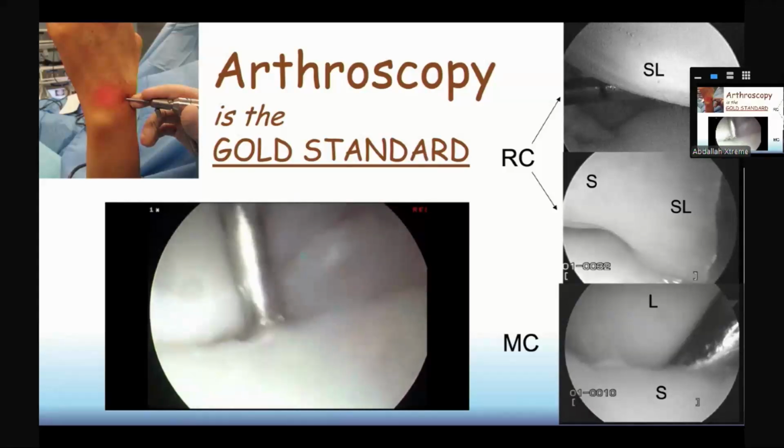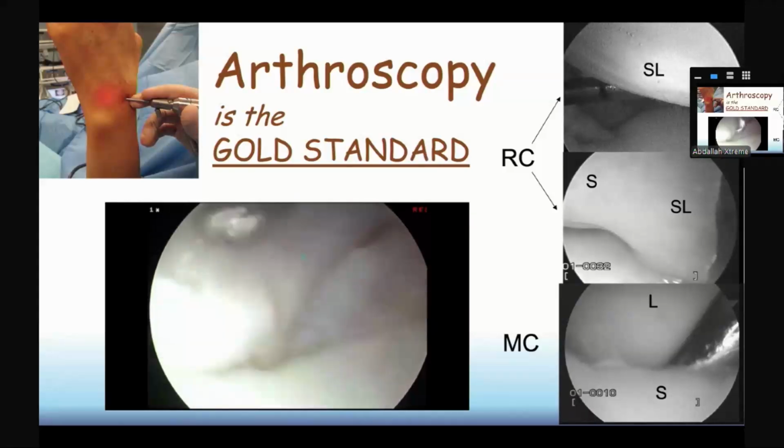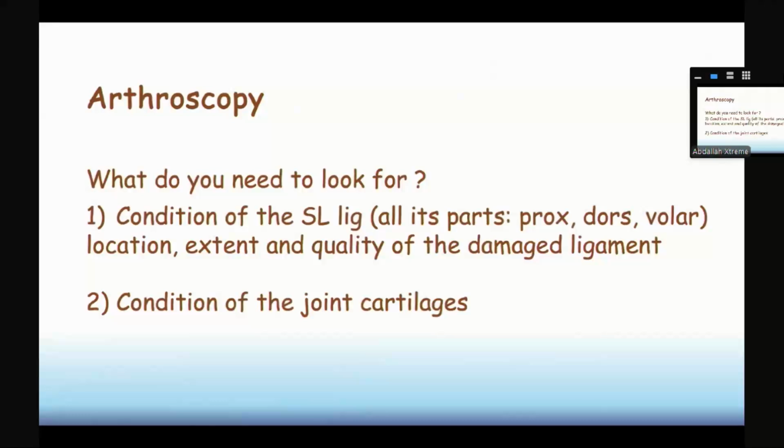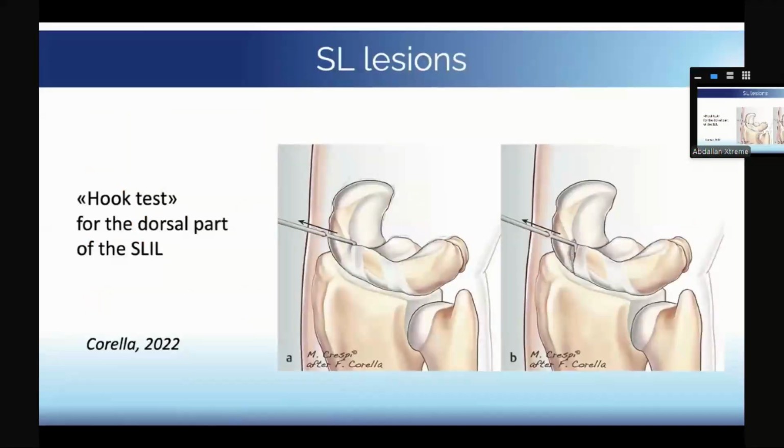This is, for example, a technique of evaluation from the midcarpal joint. Arthroscopy, what is needed? Looking for the condition of the scapholunate ligament, all parts, dorsal, volar and inferior part, proximal part, the location and extension of the lesion, the damage and condition of the ligament, and the condition of the cartilage, because if it's a chronic lesion, you can already have cartilage and osteocartilage damage.